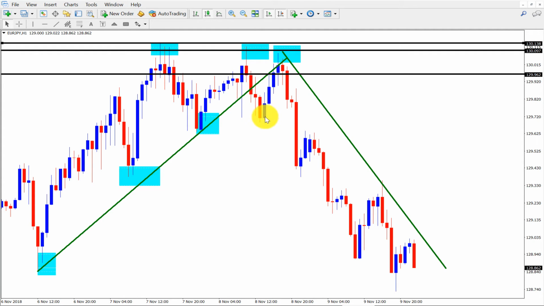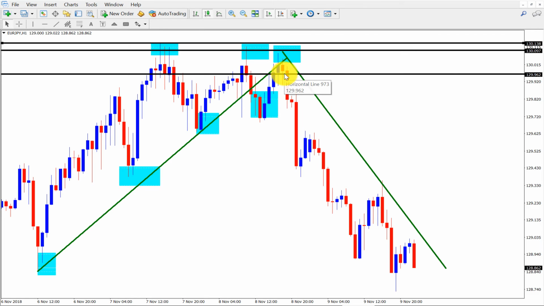But again price came from here to here, and then made this swing point, and then price went there again, and we watch another rejection, and again price fell from here, because this is our strong resistance zone. Price is again and again respecting this zone.